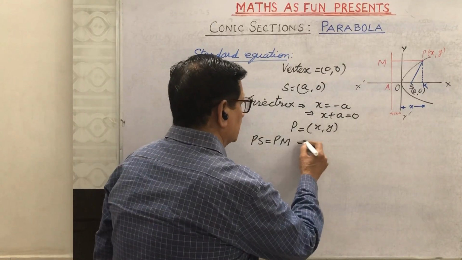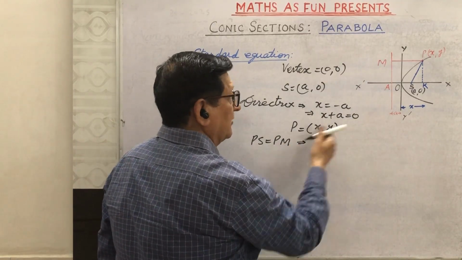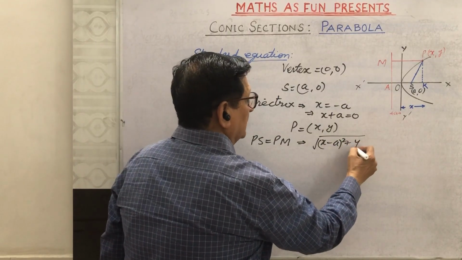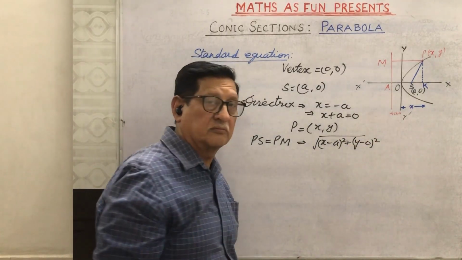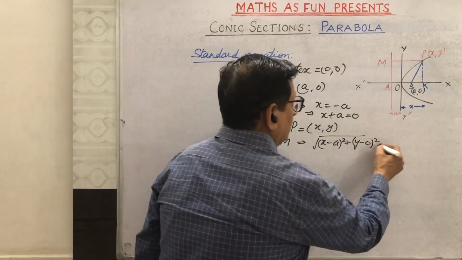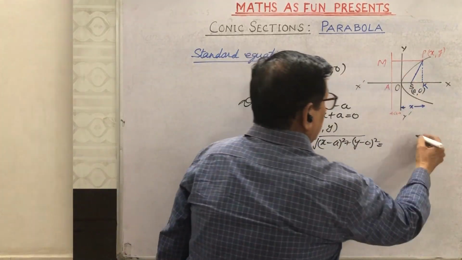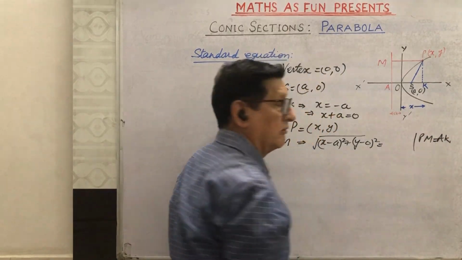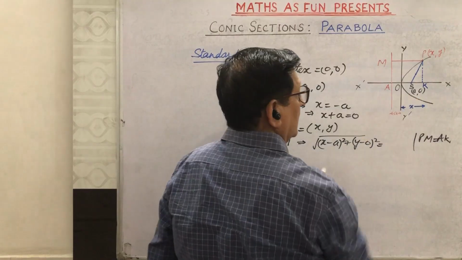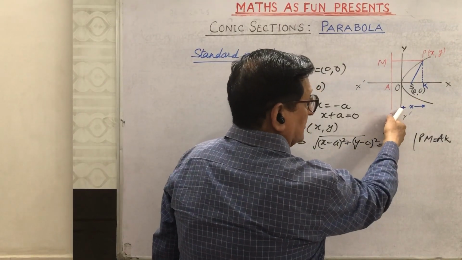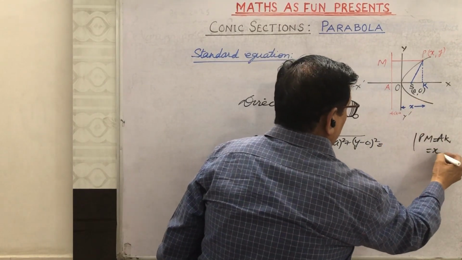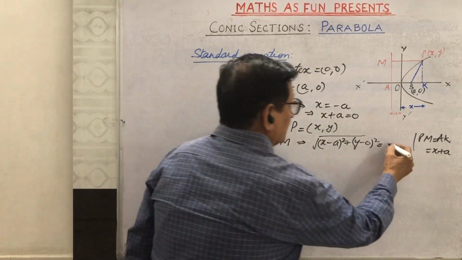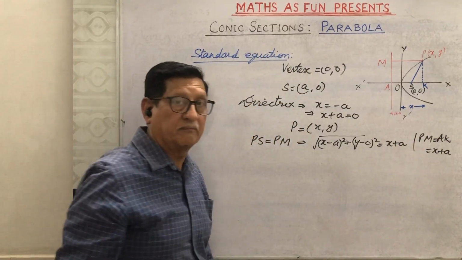We can use the distance formula: PS is equal to the root of (x minus a) whole square plus (y minus 0) square. And what about PM? PM will be the same as AK. A is this and x is this, so it will be equal to x plus a.